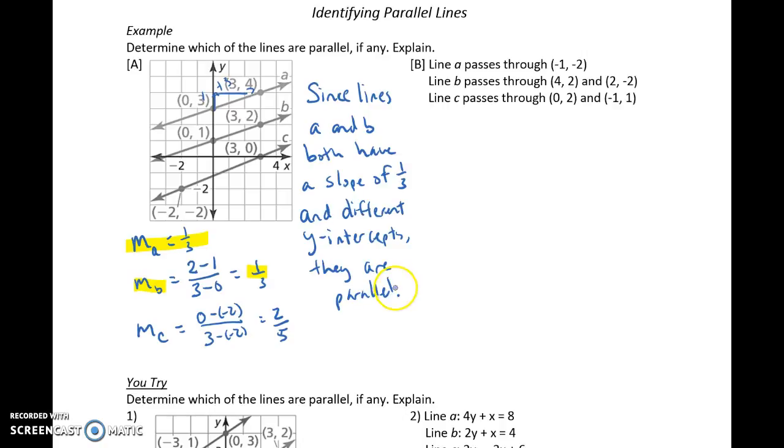So that's my explanation. We're just basically looking at slope, and slope can help us find parallel lines.